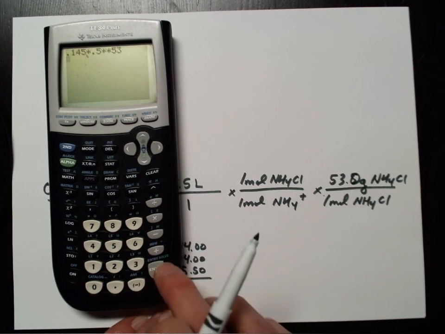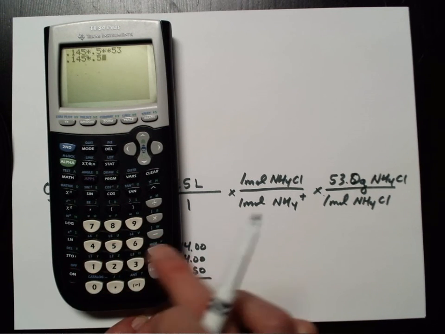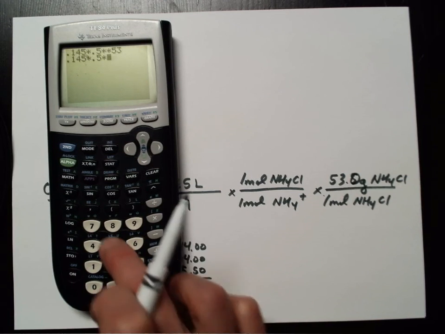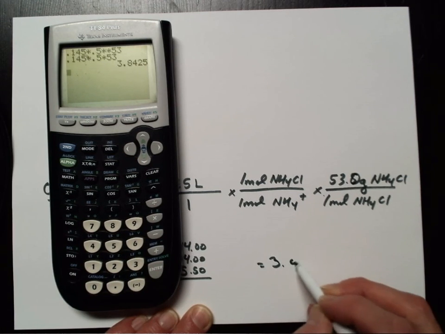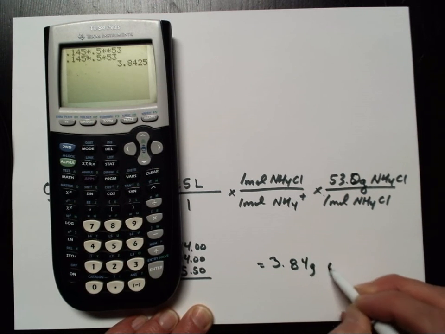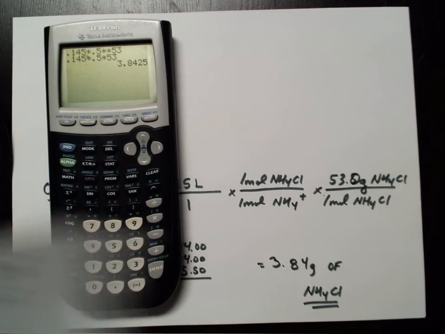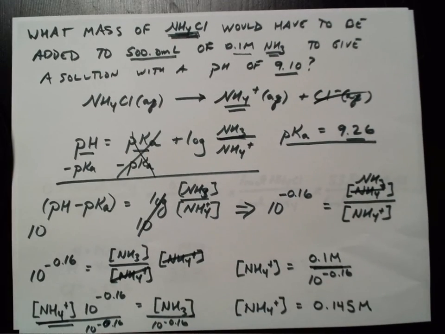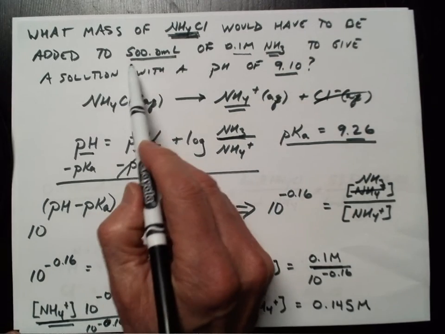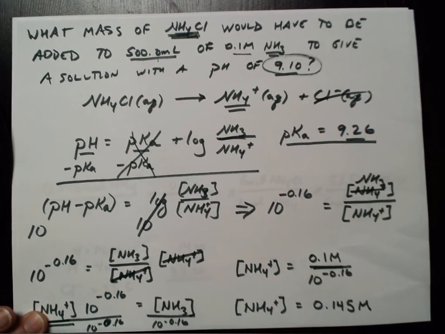Oh, what did I do? 0.145 times 0.5 times 1 times 53. 3.84 grams of ammonium chloride are going to be necessary. What's it necessary for? Well, I'm going to have to add that much. I'm going to have to dissolve that much ammonium chloride in 500 mils of 0.1 molar ammonia to give me a buffer with that pH.